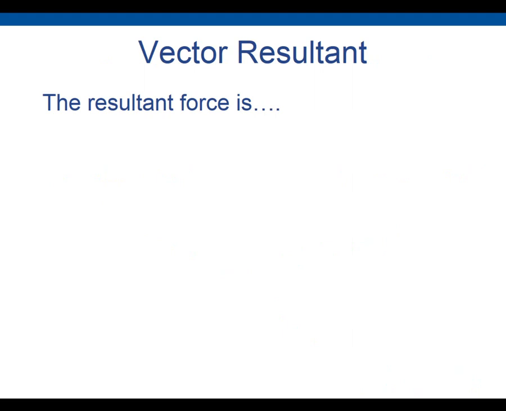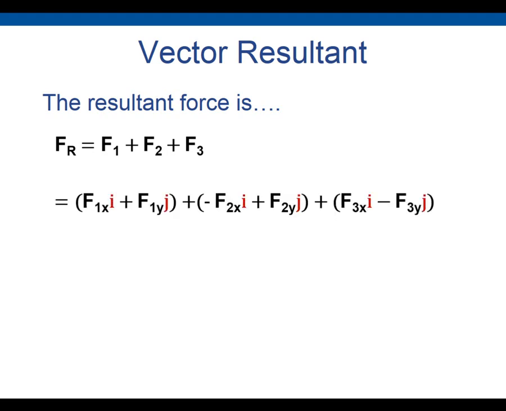Therefore, the resultant force of these three vector components is F1 plus F2 plus F3 by the parallelogram law. Okay, we can express this in Cartesian vector notation just like this. So F1x i plus F1y j, plus minus F2x i plus F2y j, plus F3x i minus F3y j.